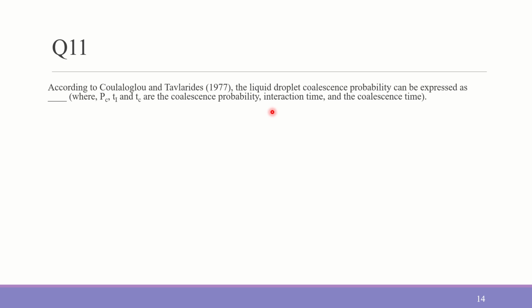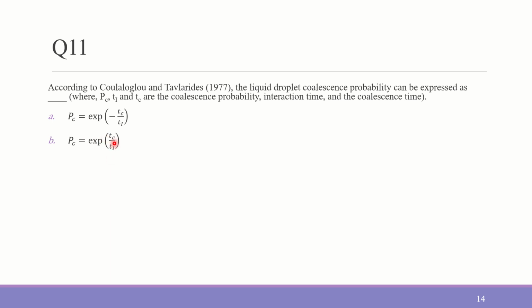Actually this is an exponential equation. PC is equal to exponential of minus Tc by Ti, I guess. Option A, PC is equal to exponential of minus Tc by Ti, where PC is the coalescence probability, Tc is the coalescence time and Ti is the interaction time. Option B, coalescence probability is equal to the exponential function of Tc by Ti.